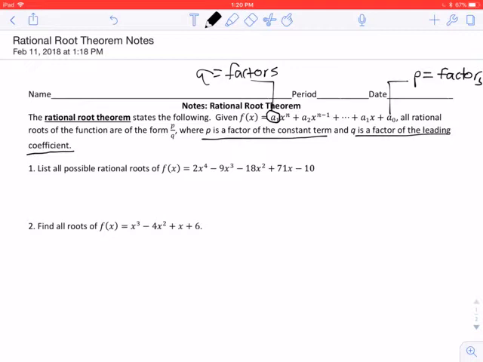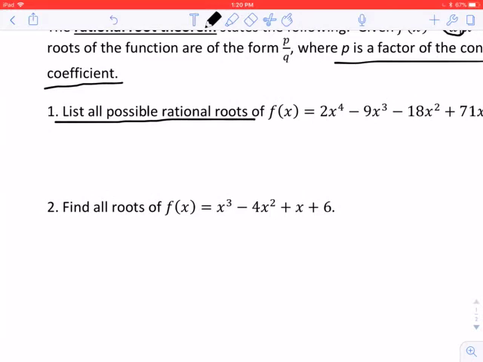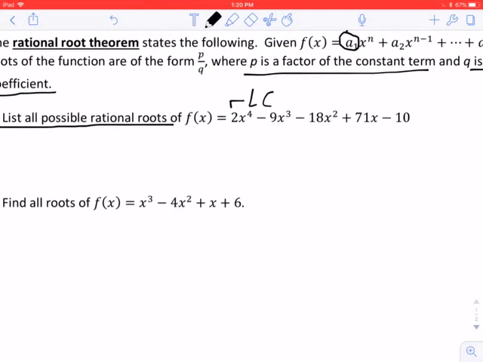So for the first example, we're just going to list all the possible rational roots of this quartic function, 2x to the fourth minus 9x cubed minus blah, blah, blah. So my leading coefficient is 2, and my constant term is 10.